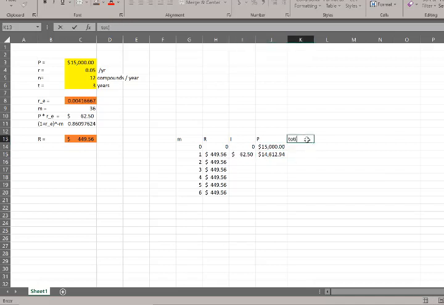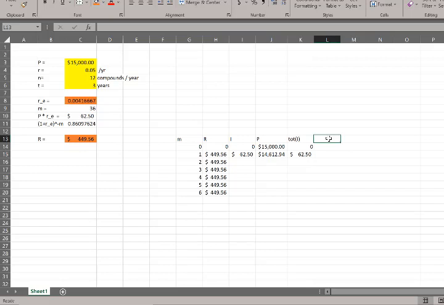And so let's go ahead and have a total interest accrued. So initially it's 0, and then we just start adding in all the interest.